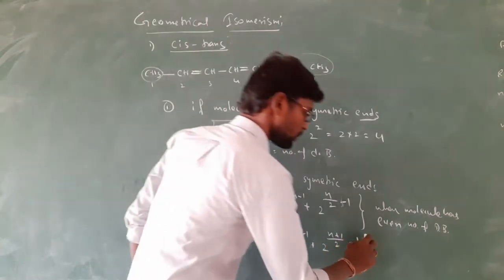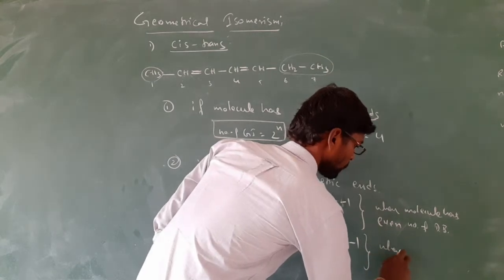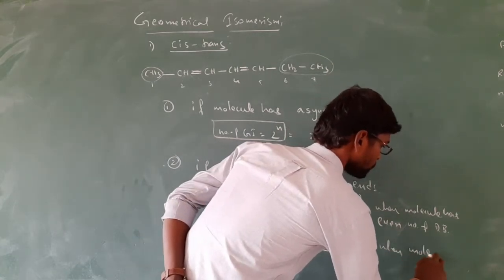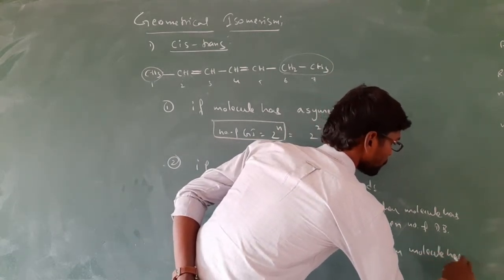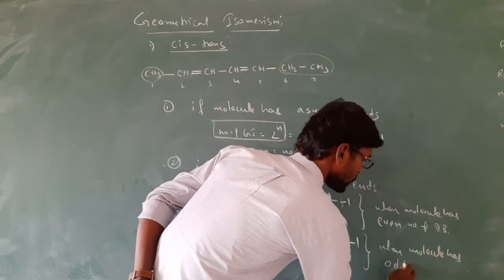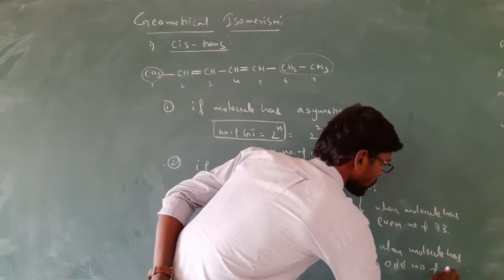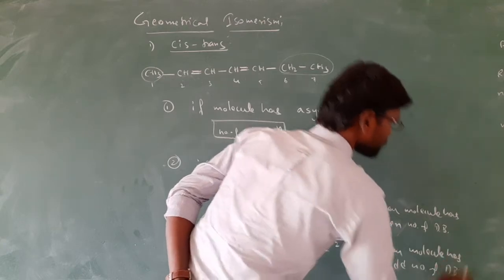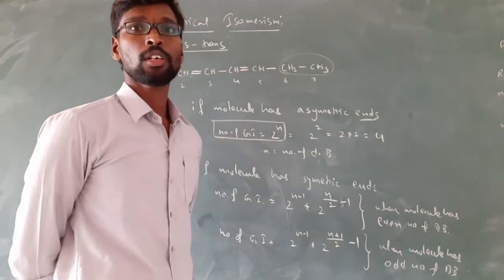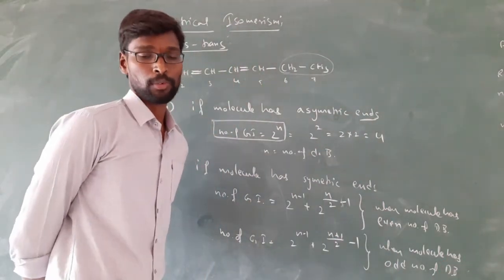So this is when the molecule has an odd number of double bonds.